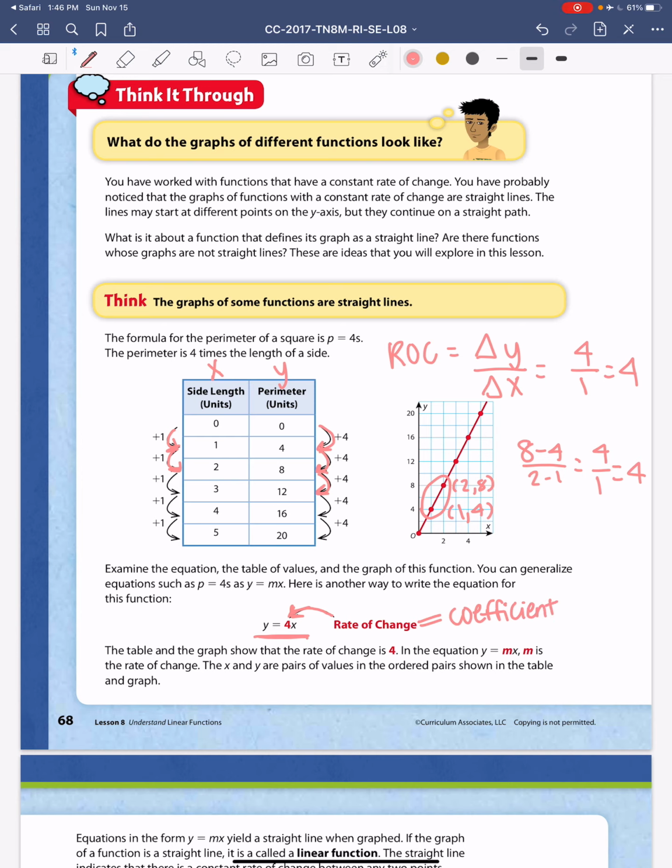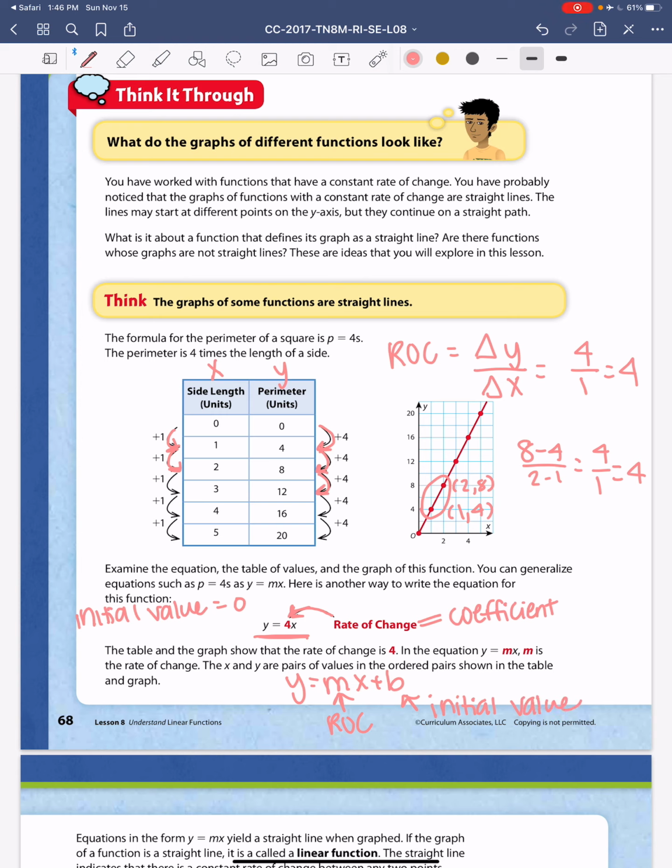You would also be able to tell that your initial value here is going to be 0. And we know it's 0 because for a linear function, we have y equals mx plus b. m is our rate of change, and b is our initial value.